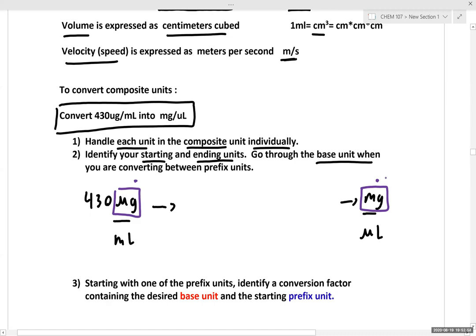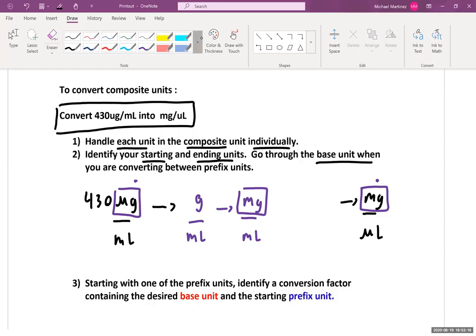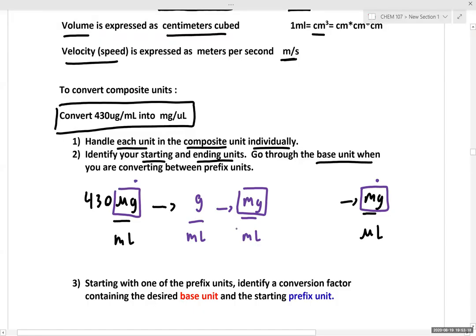Grams. Yep, so we're going to go to grams per mil and then to milligrams per mil. So we've completed the first top half of our unit conversion. We still have the bottom half to deal with.